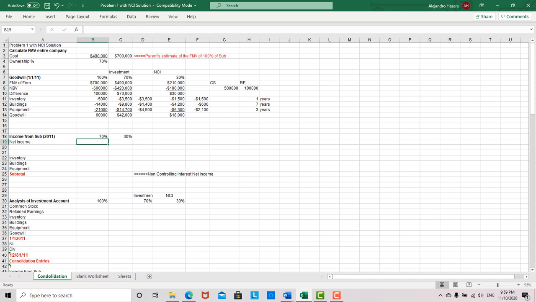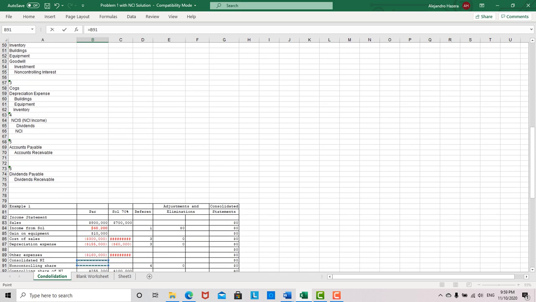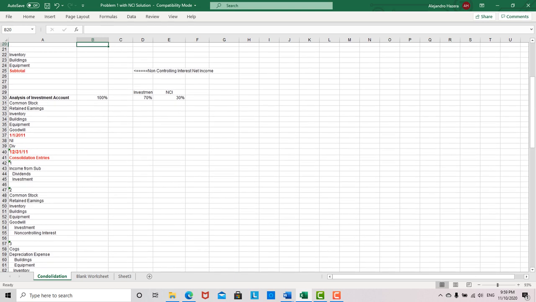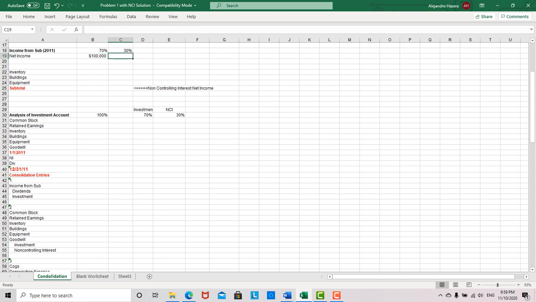You absolutely cannot go wrong if you pick up the basic income from its own income statement. So let's go down to the consolidation. That's the only place you're really going to get their real financial statements. And there it is. The 2011 net income was 100,000. So we're going to have 100,000 in both these columns.